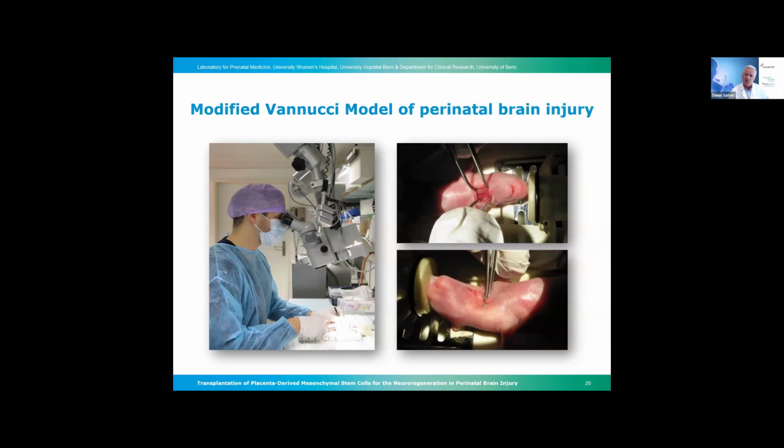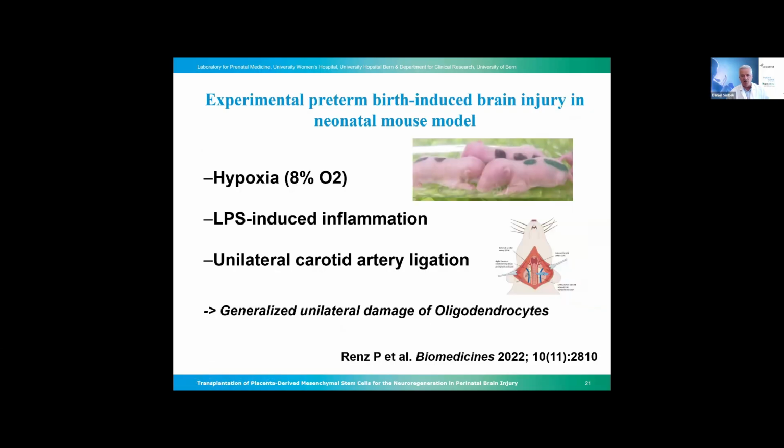We then switched to the in vivo mouse model. We used the modified Vannucci model of perinatal brain damage, including, as you see here, a microsurgical unilateral ligation of the carotid artery. In addition, general hypoxia was applied with 8% oxygen.